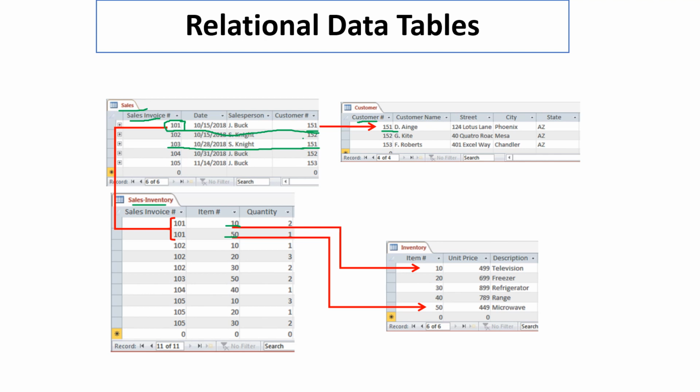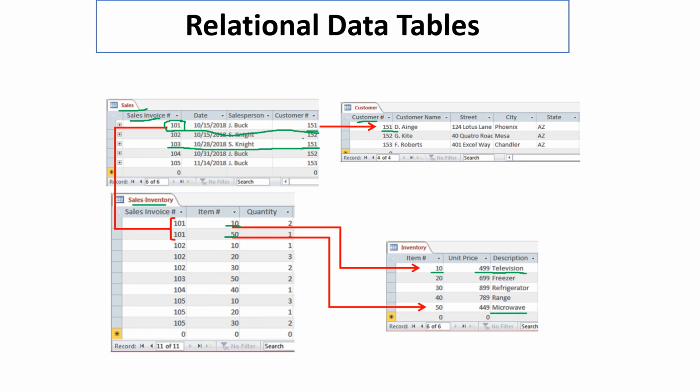Okay, so it's connected to the inventory table, and if you see here item 10, you will have more details about item 10, about the price and also the description. It is television, and item 50 is microwave.